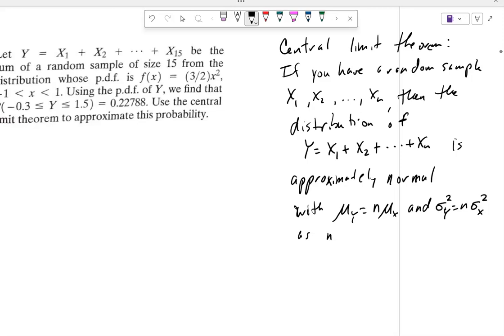I should say it goes to this, but it's approximately normal if your n is large enough. I'm just going to write it that way.